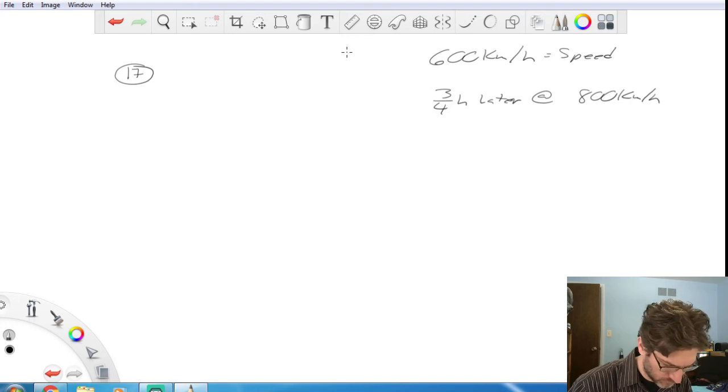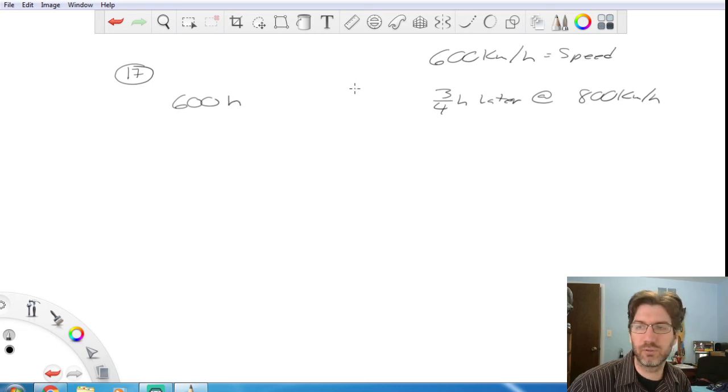So looking at your unit rate here, 600 miles per hour, or whatever it's going, times however many hours it takes, is going to give you its distance, so to speak. 601 gives you 600. 602 hours will be double this, so 600 times 2 would get you that one.